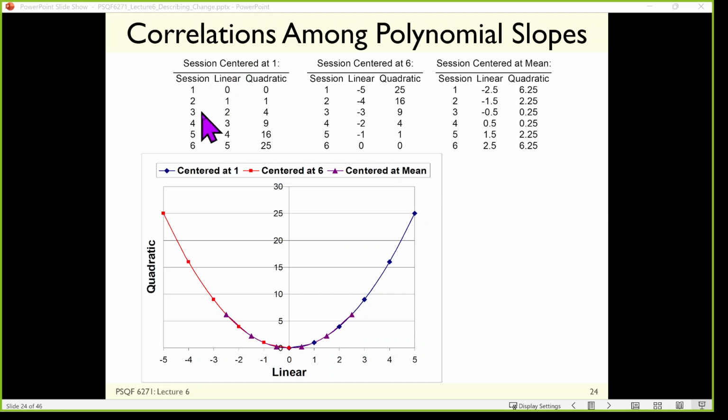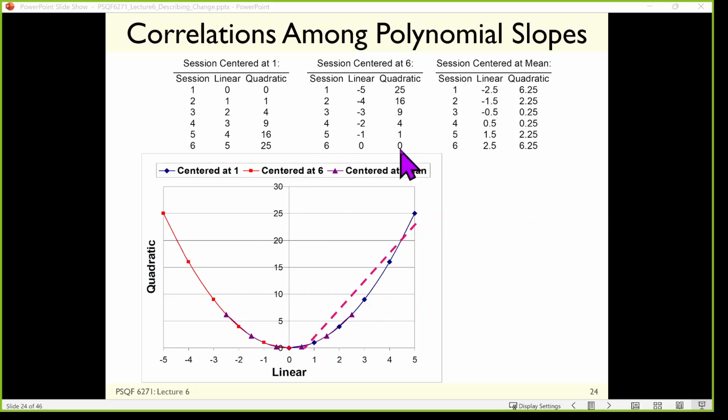So for our 6 occasion example, this is the one that we're working with right here, where we have time 0 at the beginning. And if I do that, then I would expect a positive relationship between my linear slope and my quadratic slope. So the linear values that are in this column are on the x-axis, and the values that are on the quadratic column are on the y-axis.